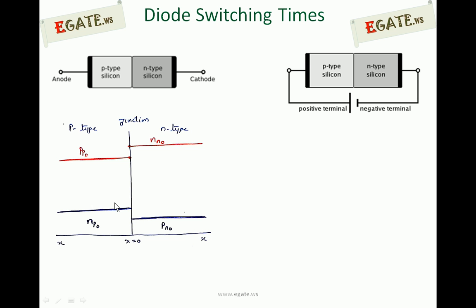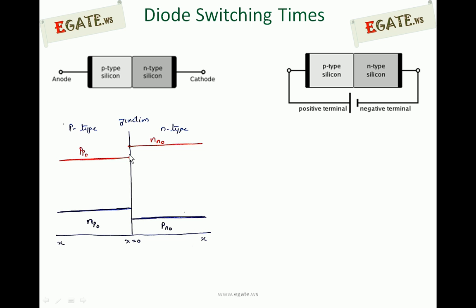Under forward bias, from this diagram we can say that the positive terminal is going to repel the holes present in P type. The holes present in P type are pp naught. They are repelled by the positive terminal, so they will enter into N side. When the holes enter into N side, they become minority carriers.